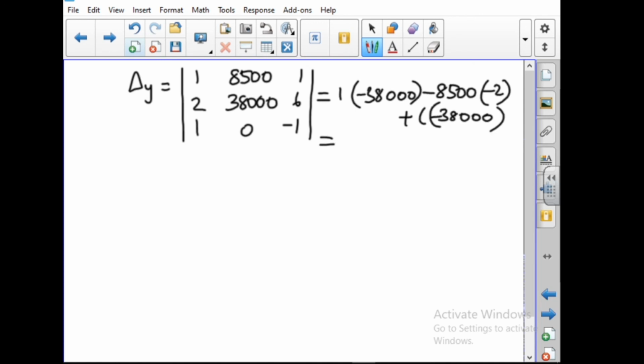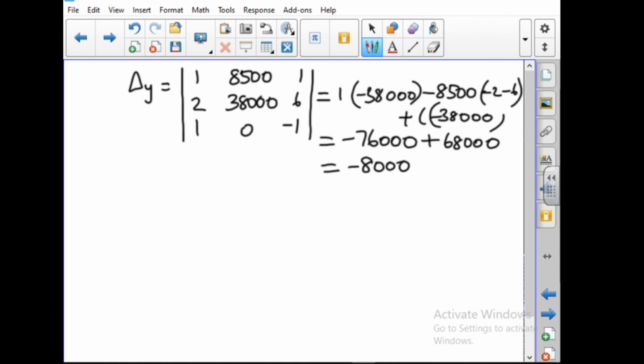Again minus 38 minus 38 will become minus 76,000 on adding. And this will be plus with 8,500 into minus 2 minus 6. I have written it wrongly here. Minus 2 minus 6, so minus 8 into this. So your answer will be 68,000. On subtracting 76 and 68, we will get minus 8,000.